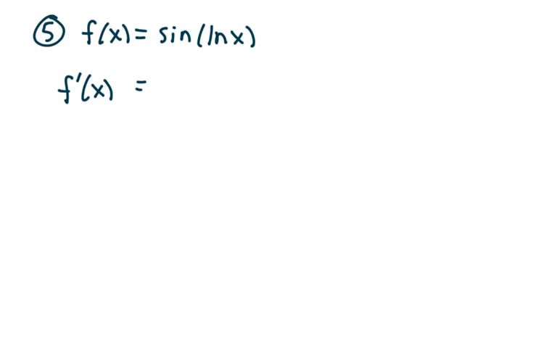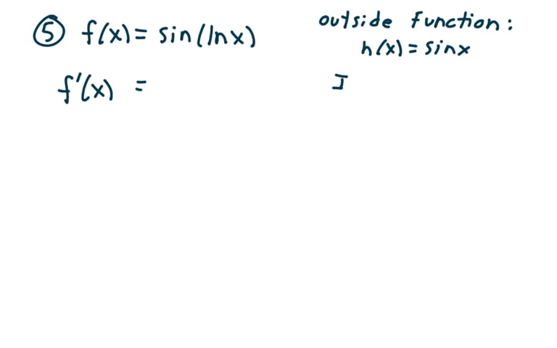The outside function, so I'm going to once again write that down, we'll call h of x is equal to sine x. The inside function, that's going to be the argument of the sine, which is natural log of x. So g of x is natural log of x.